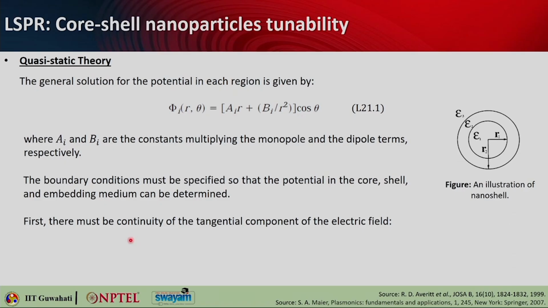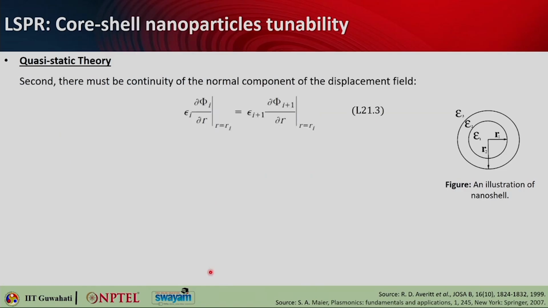Now, what are the boundary conditions? Always remember, it has to be the continuity of the tangential component of the electric field. So, if you write that, this is how you write it. At different layers this is how the tangential component should be continuous. With that, the second condition is the normal component of the displacement field.